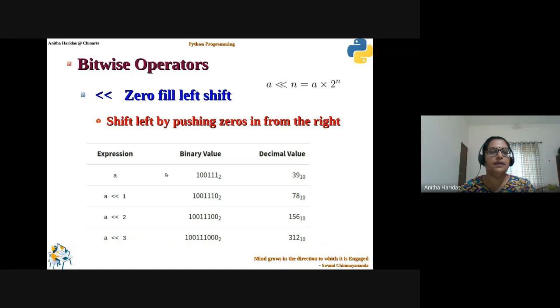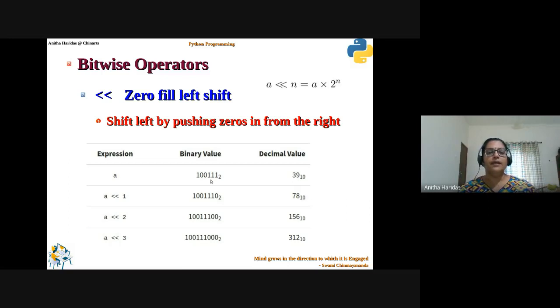So let us see what is zero fill left shift. Zero fill left shift is nothing but it shifts the left value by pushing zeros in from the right, right? So suppose imagine I have a value A, which is a binary value which has the bits like 1, 0, 0, 1, 1, 1.